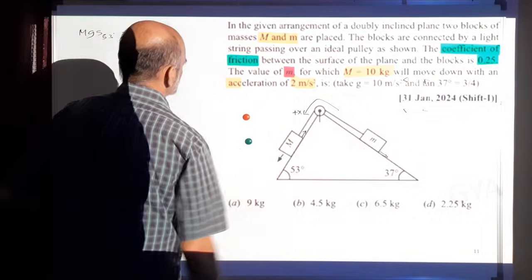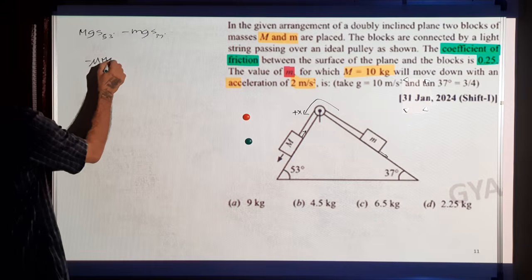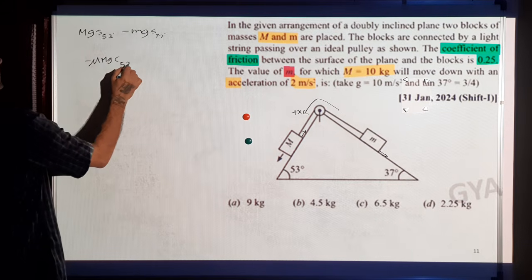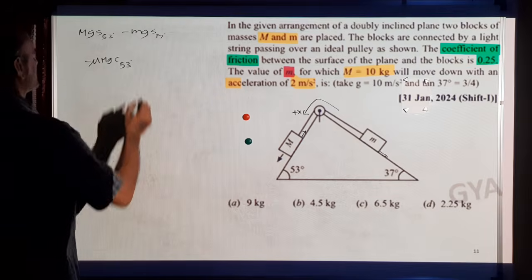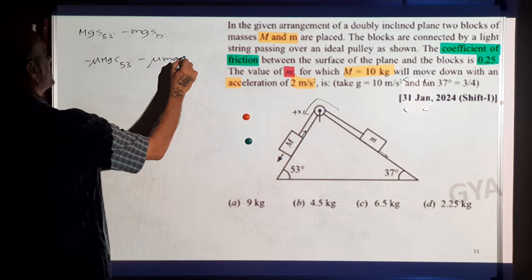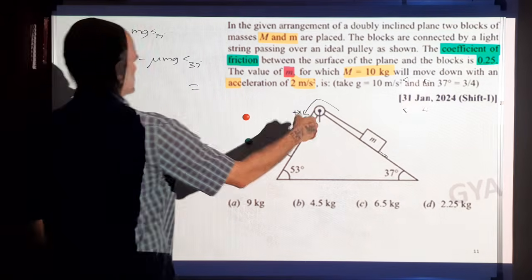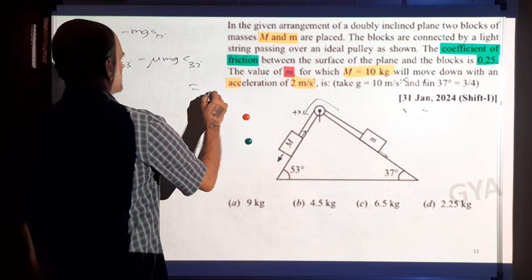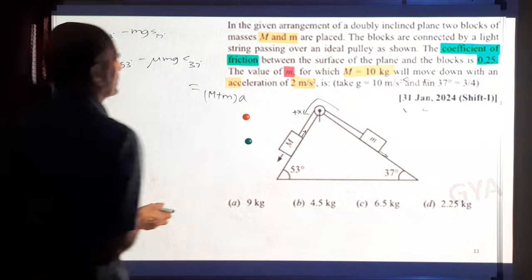So both the friction forces are in the negative x direction. So minus mu Mg cos 53, friction force is mu times the normal force, which is mg cos 37, so minus mu mg cos 37. That is the net force in the positive x direction, which is equal to the total mass of the system, which is m plus M, into the acceleration.